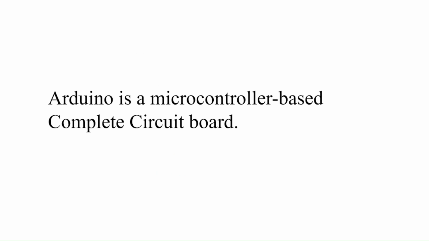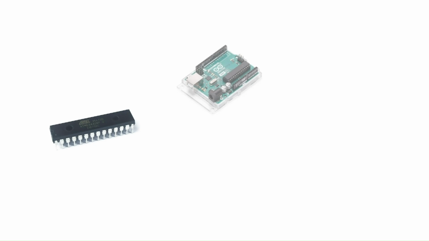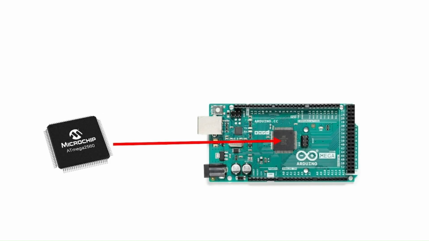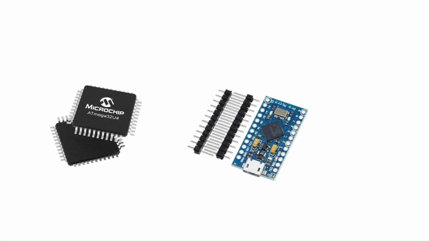So we can say that Arduino is a microcontroller based complete circuit board. But today there are many types of Arduino based on the differences of microcontroller. For example, ATmega 328P based Arduinos are Arduino Uno and Arduino Nano. Arduino Mega uses ATmega 2560. Arduino Pro Micro is an ATmega 32U4 based board.